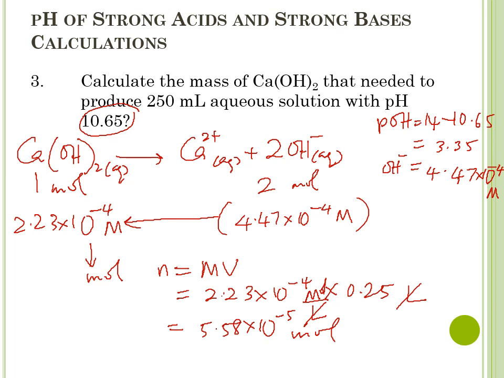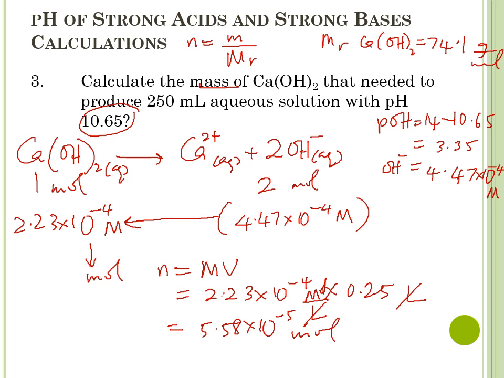Now, how are we going to get the mass? n equals mass over molar mass. What is the molar mass of calcium hydroxide? Molar mass for calcium hydroxide, we have calculated earlier, that is 74.1 gram per mole.